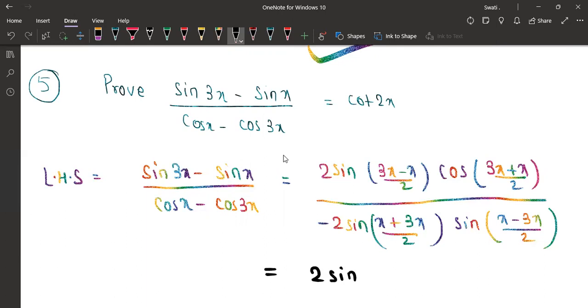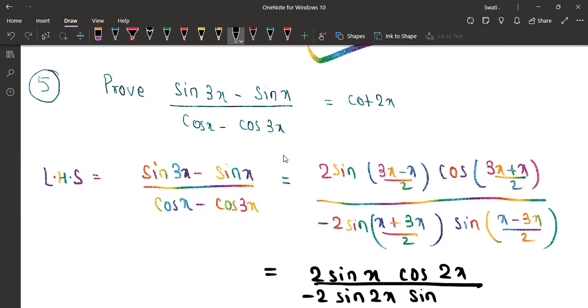So 2x divided by 2, 2 will get cancelled. So just x. And here it is cos 3x plus x, that is 4x. 4x divided by 2 is just 2x. Divided by, in the denominator, we have minus 2 sine x plus 3x, that is 4x. 4x divided by 2, that is 2x only. And this will become sine x minus 3x, that is minus 2x. Minus 2x divided by 2 is minus x.